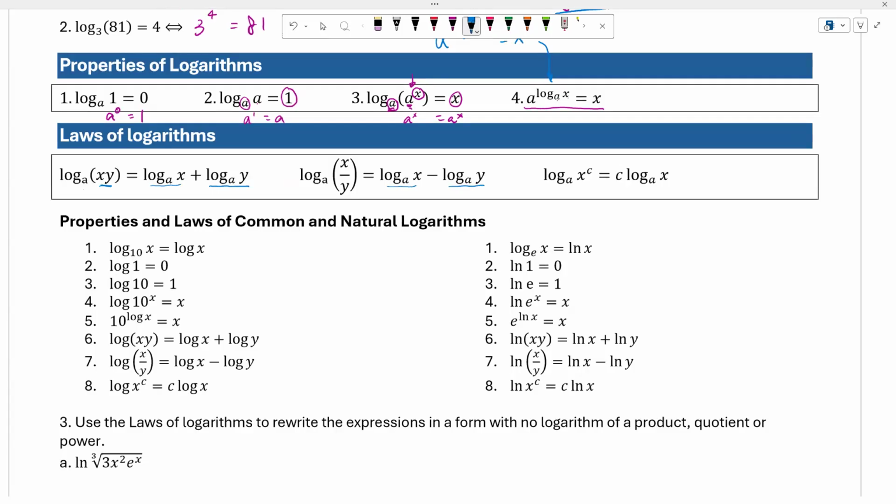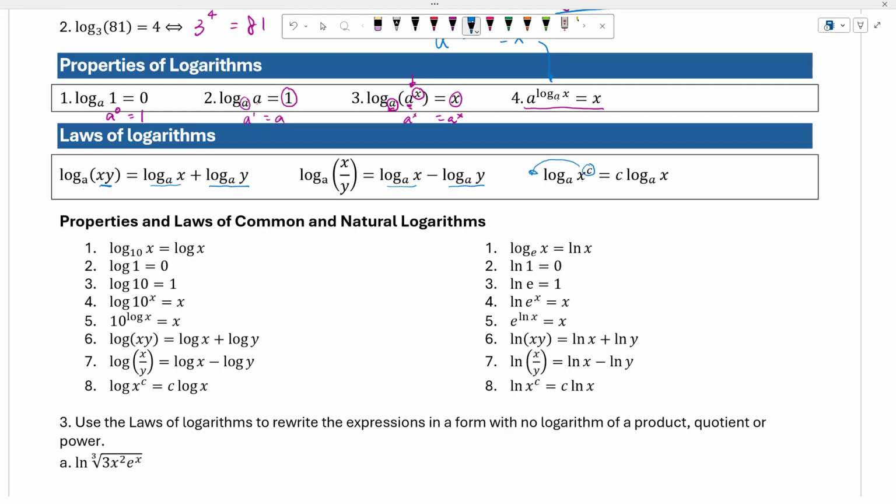And the last one is really useful, and we use it a lot in this chapter: log base a of x to the power of c is equal to c times log base a of x. We could bring the power down to make it a multiplication.